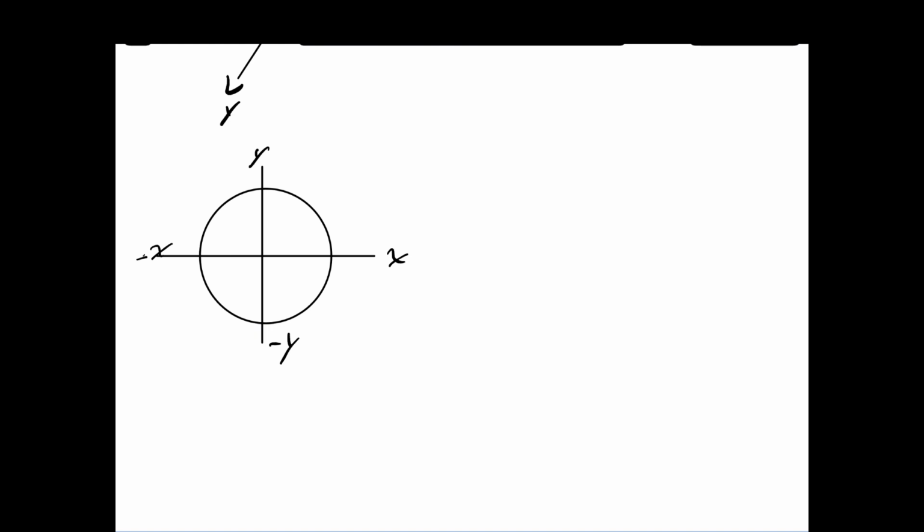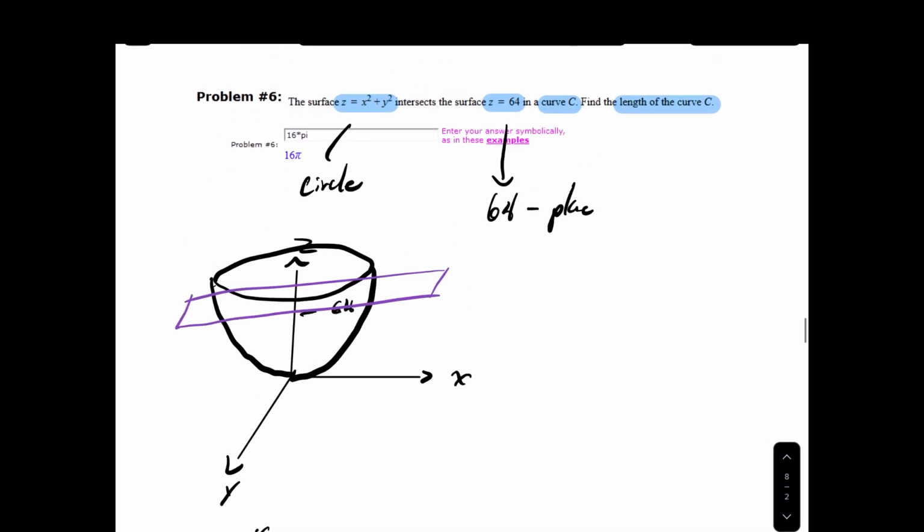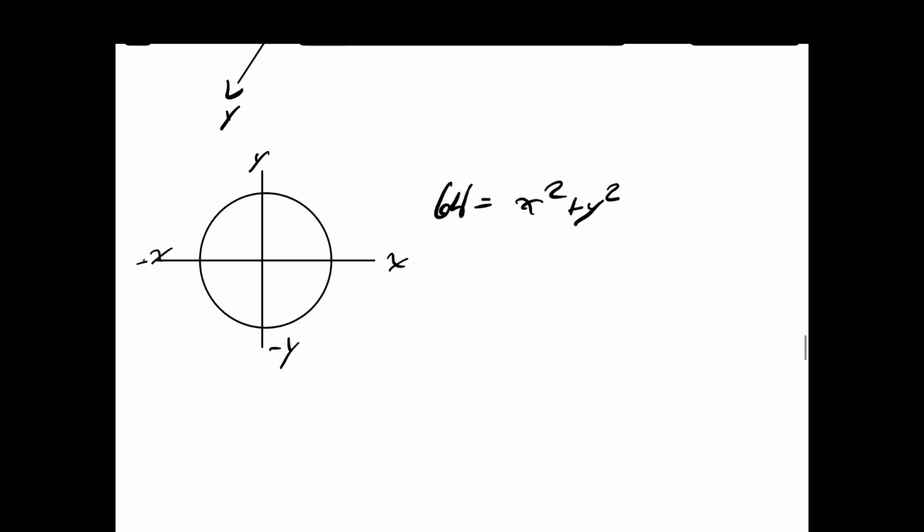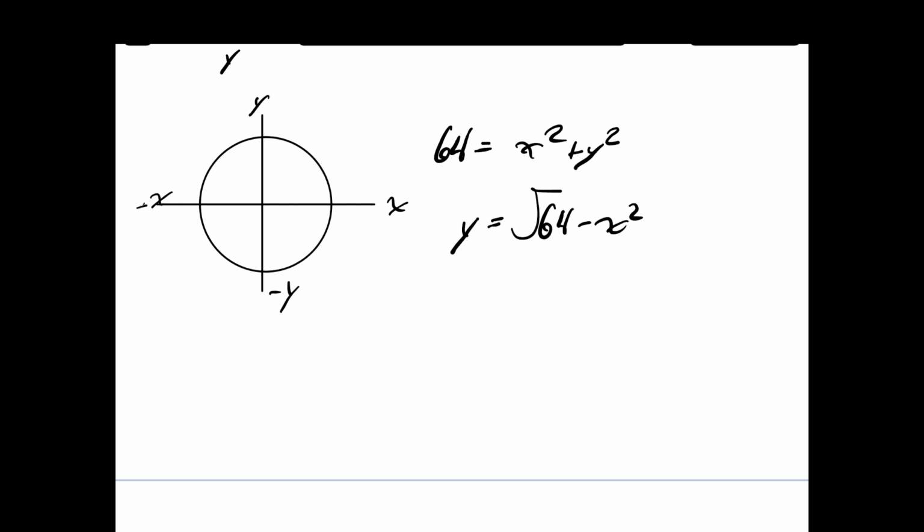And in this case, we drew our circle, which models, okay. So if we're setting z equal to 64 in this case, then we have 64 equals x squared plus y squared, which in this case equals 64 minus x squared. And we root this, and yeah.